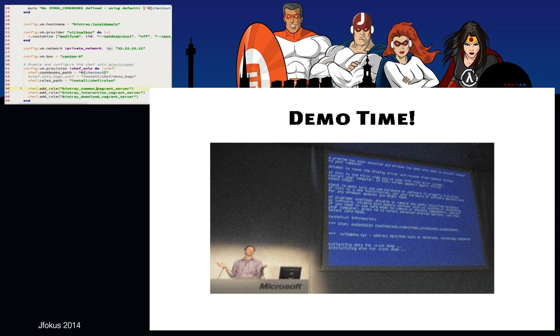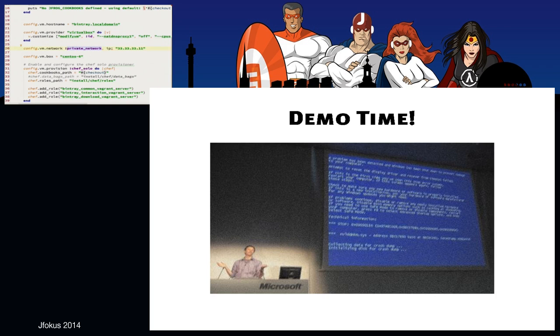Install the common part, which probably means Java. Install the interaction part, which means MongoDB and Elasticsearch, etc. And install the download part, which means CouchDB and Nginx and this kind of stuff. So there is an interesting part here, and this is assigning the IP to the VirtualBox. Now, I need that.